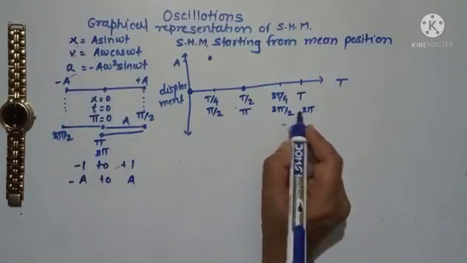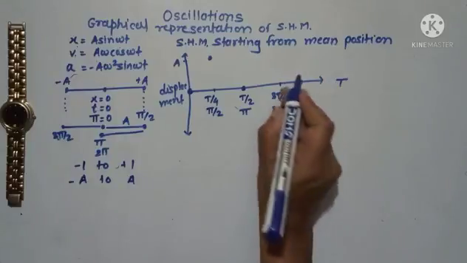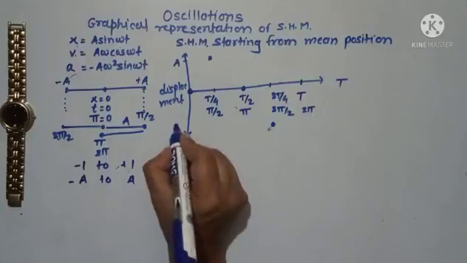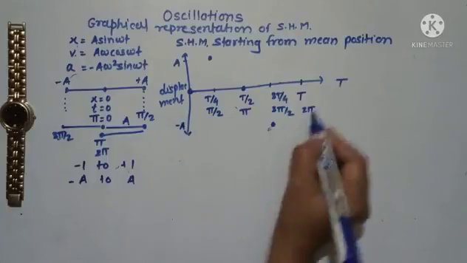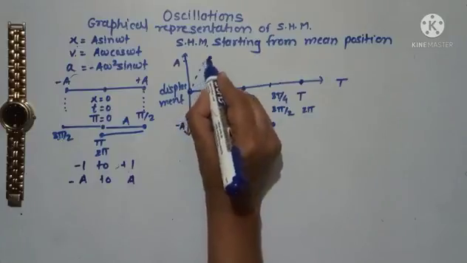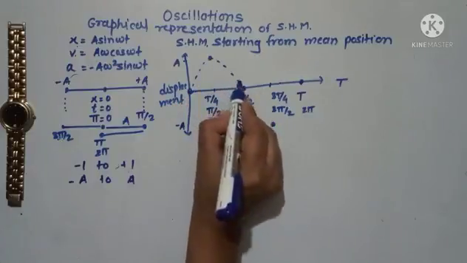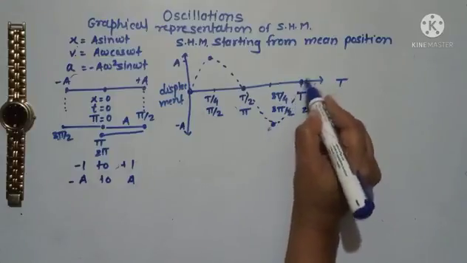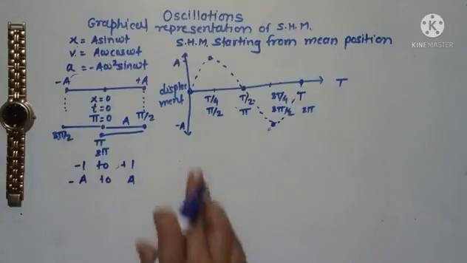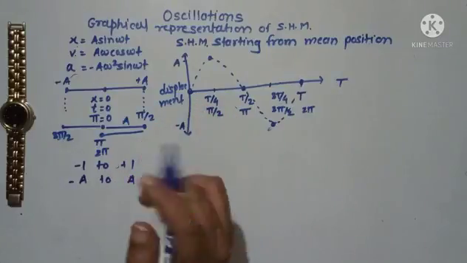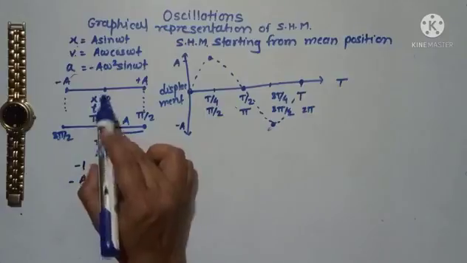So let me represent it here, minus a, and again it will become 0. So the graph will be like this. So this is a graphical representation of the displacement vector for the S.H.M starting from its mean position.